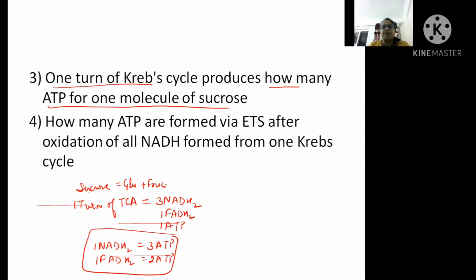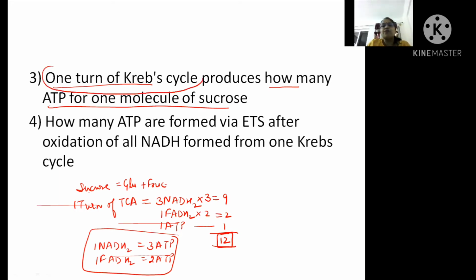You have to remember this calculation in the mind. So 3 NADH means a total of 9 ATP I will get from here. 1 FADH means I will get 2 ATP here, and one is direct. So 1 turn of the citric acid cycle will give me only 12 ATP. It means sucrose has to go for 2 turns of the citric acid cycle, but the question is asking only for 1 turn of the Krebs cycle.